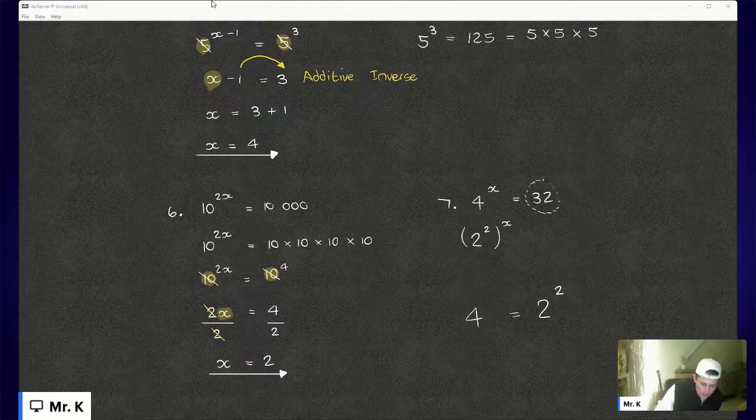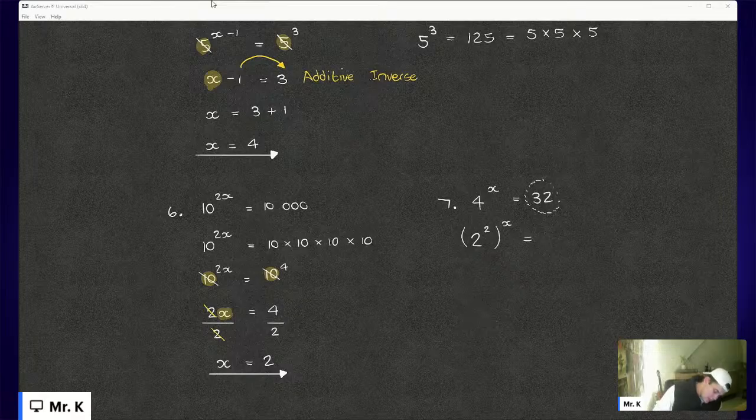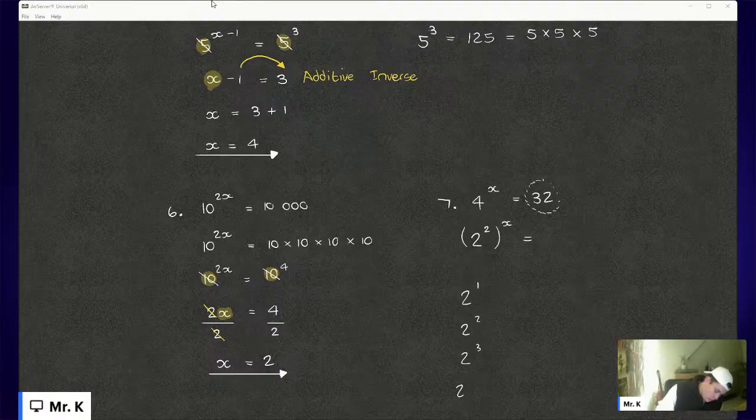Because 4 and 2 squared are exactly the same thing. It's just a manipulation. And the advantage of us using 2 as our base, grade 9s, is that 32 can be expressed as a power of 2, right? If we use 2 squared, 2 cubed, 2 to the power of 4, and 2 to the power of 5.